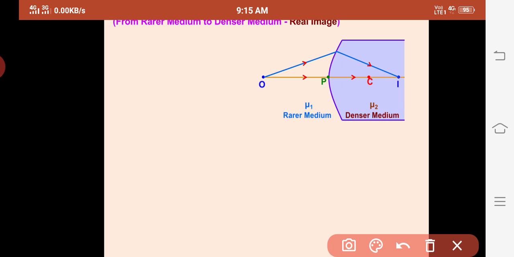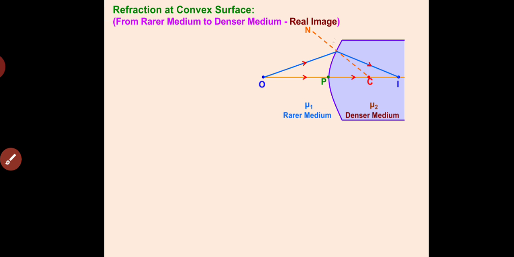But in the case of oblique rays incident at this point A, this Cn is taken as the normal at point A. The incident ray makes an angle with the normal, which is called the angle of incidence, and this angle is taken as the angle of refraction.